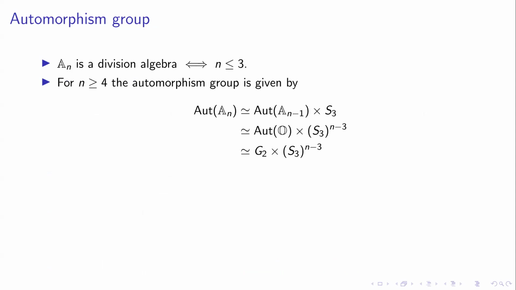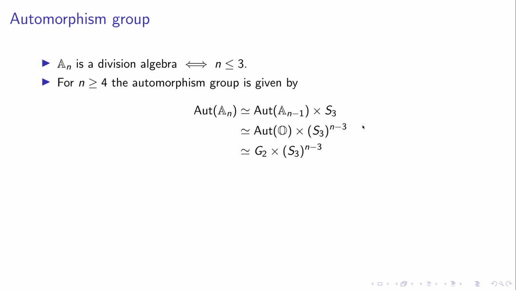So, about the automorphism group, for n greater than or equal to 4, we have this relation: the automorphism group of A_n equals the automorphism group of A_{n-1} times S_3.